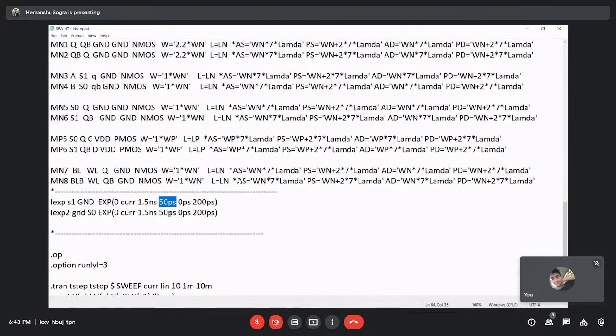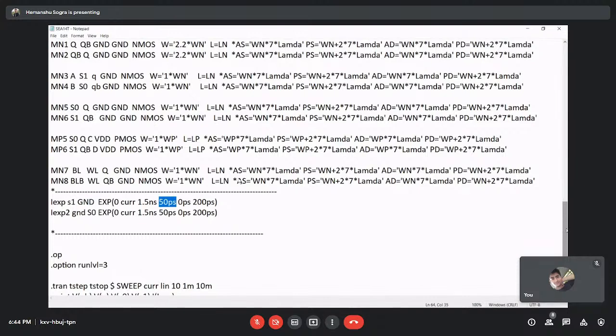And 0 picosecond is the stay time, the hold time there, how long it is. So you understood? Like in a rectangular wave, we give rise time and pulse width, exactly similar way.